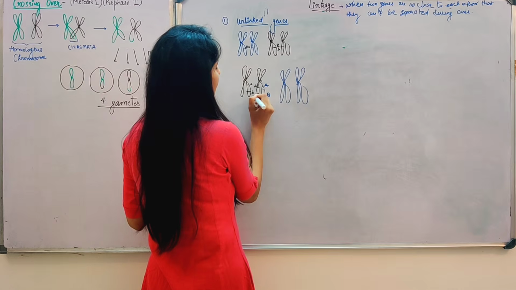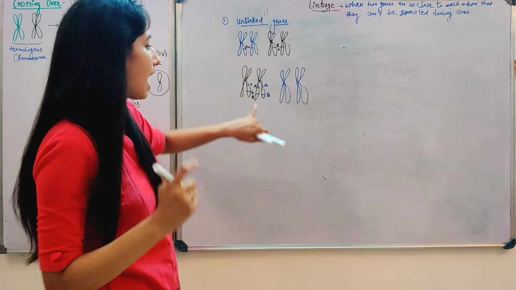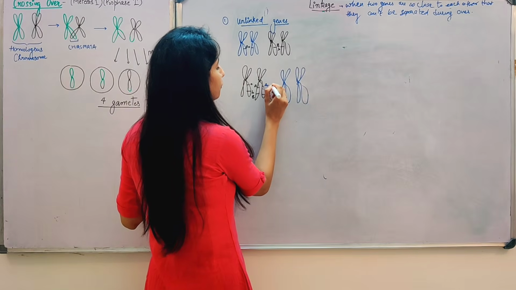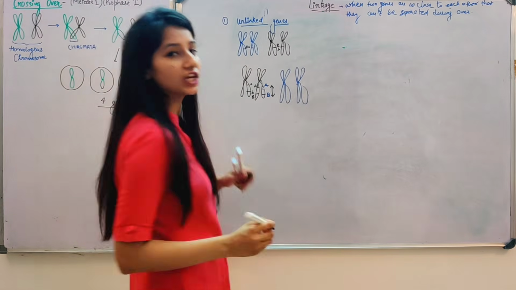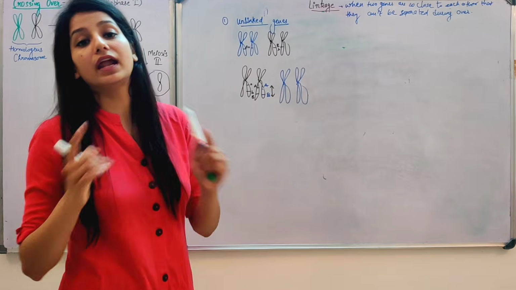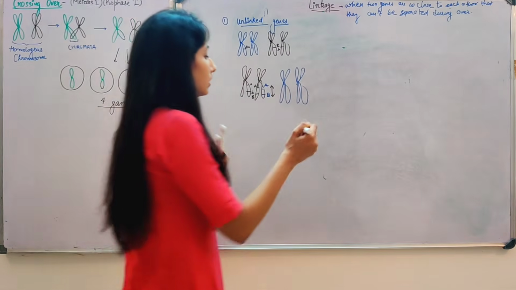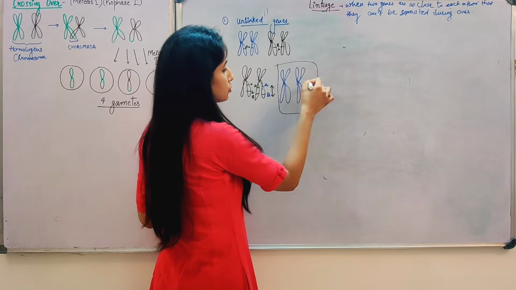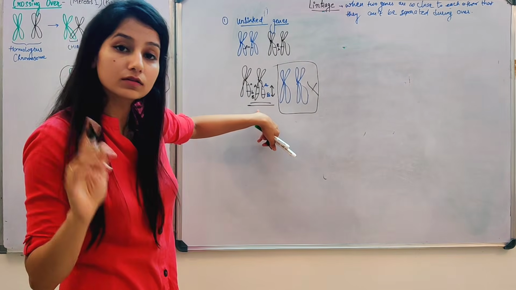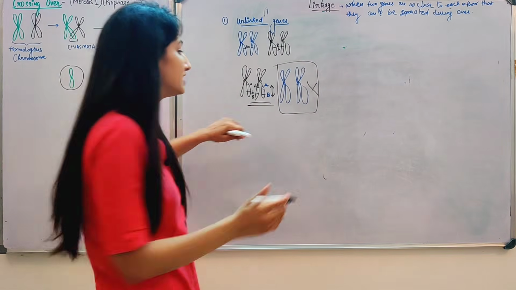Now they might be linked, but they are so far away from each other that they can't be linked. They are separated during crossing over. The second homologous chromosome doesn't have these genes; only one homologous chromosome has them.